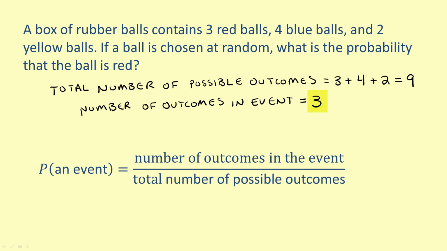Our number of outcomes in the event is 3, and our total number of possible outcomes is 9. So the probability that the chosen ball is red is 3 over 9, which can be simplified to 1 over 3.